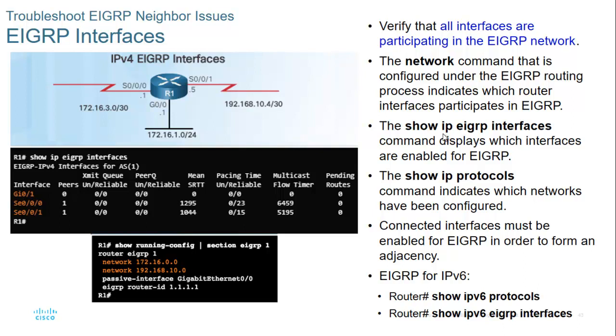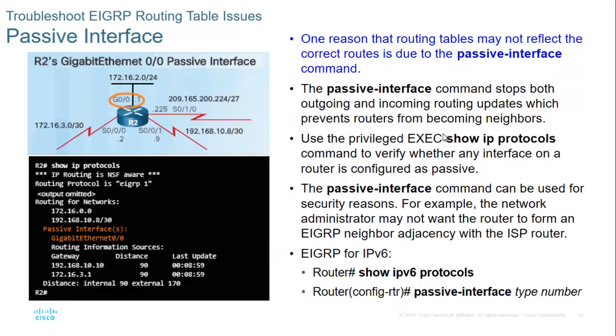That doesn't give you an awareness of what is going on. It is always good to know what you are doing so that troubleshooting can be made easier. You can use the show IP EIGRP interfaces command to display which interfaces are enabled for EIGRP. Connected interfaces must be enabled for EIGRP in order to form an adjacency.